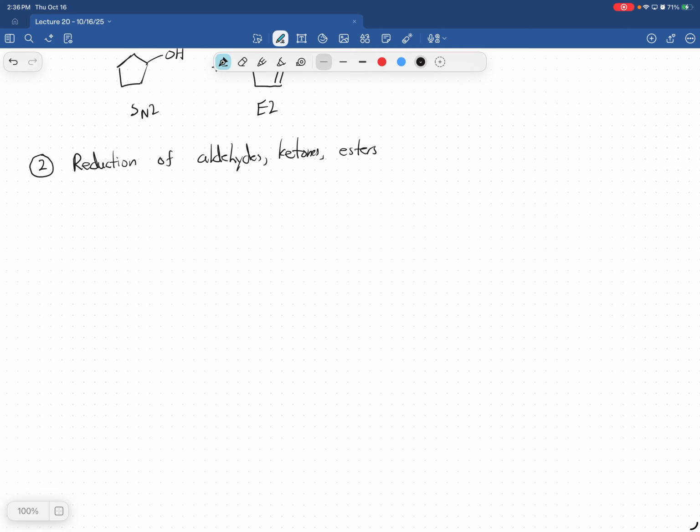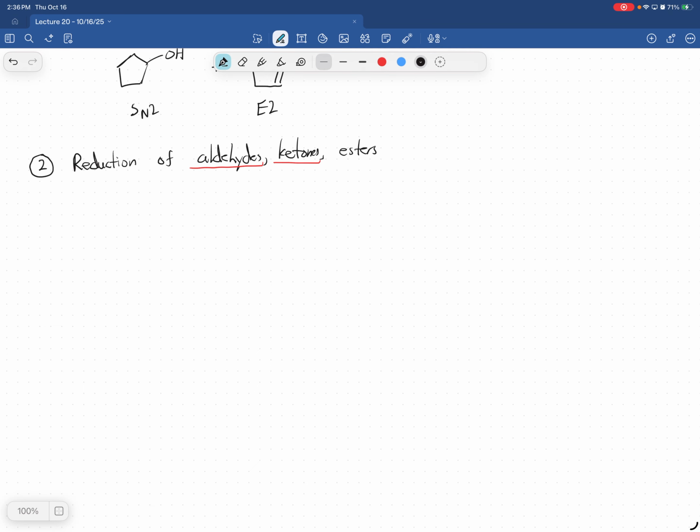All right. So the main focus here, we're just going to focus on two of them: aldehydes and ketones. Esters we could focus on, but I'll just tell you right now, these two, aldehydes and ketones, are our focus here. Esters go by different mechanisms, so that's why we usually don't cover it right here.